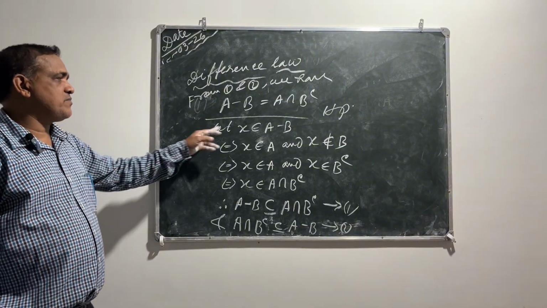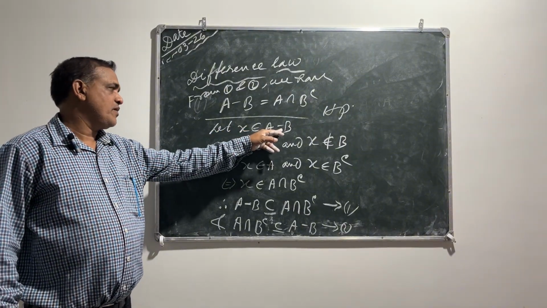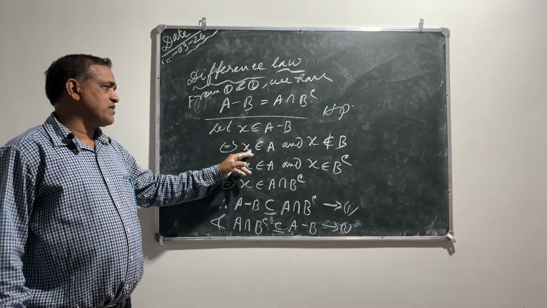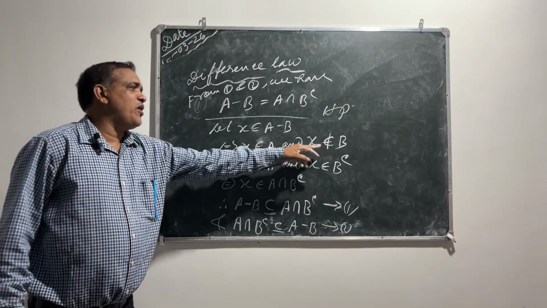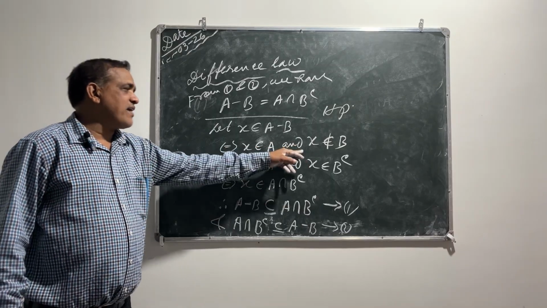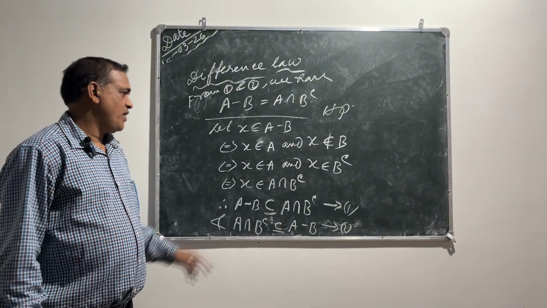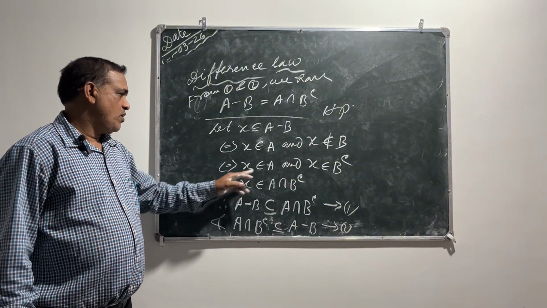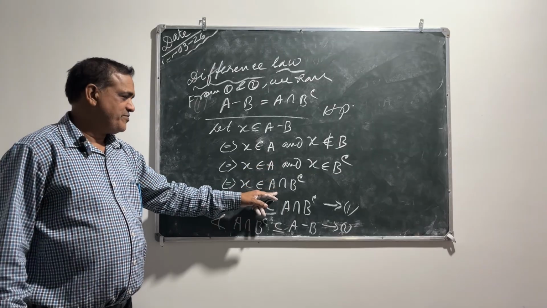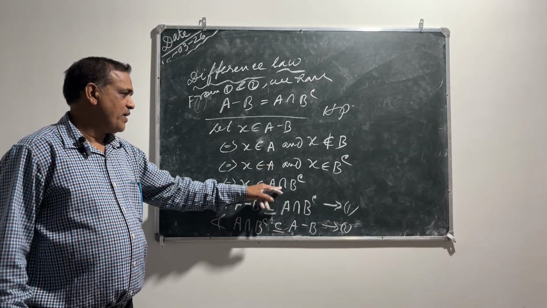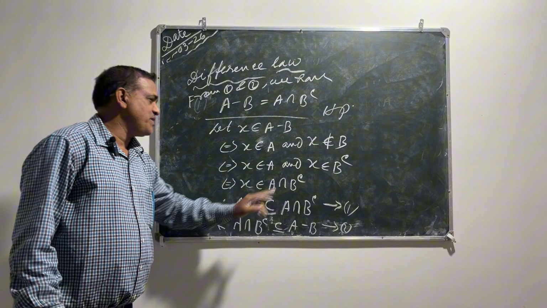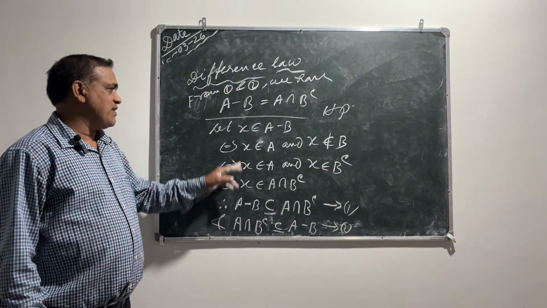First of all, X belongs to A minus B implies and is implied by X belongs to A and X doesn't belong to B. If X doesn't belong to B, that is X belongs to the complement of B. So 'and' can be replaced by intersection: A intersection B complement.